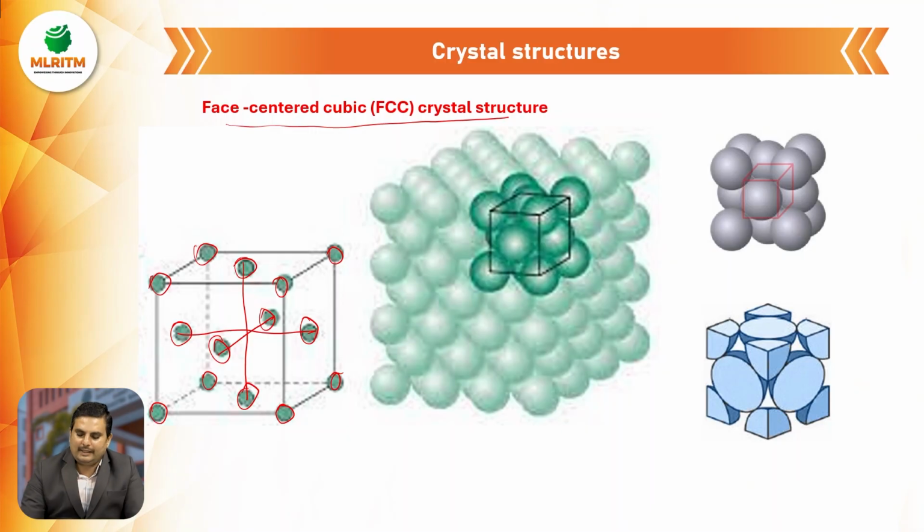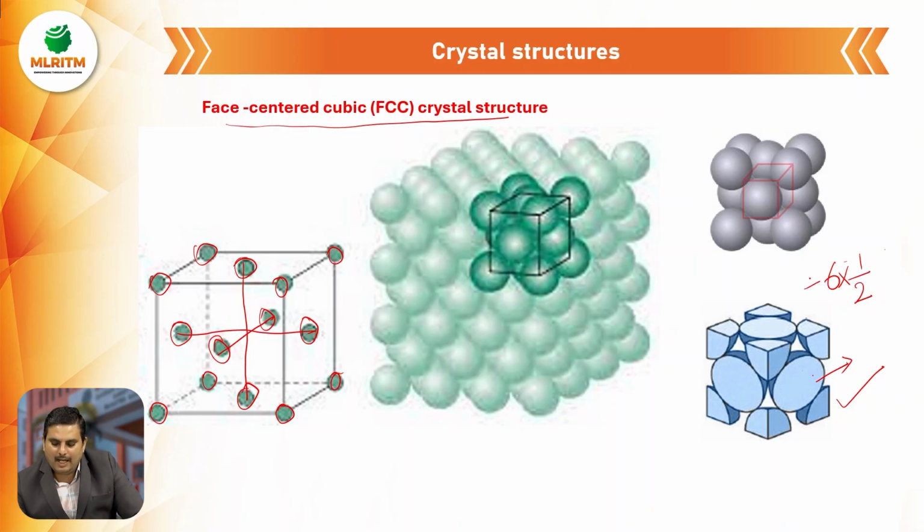When we consider, if you see here, we have half of the portion at the face center. There are 6 atoms at the faces, and each atom is occupying 1/2 portion, that means half of the portion.